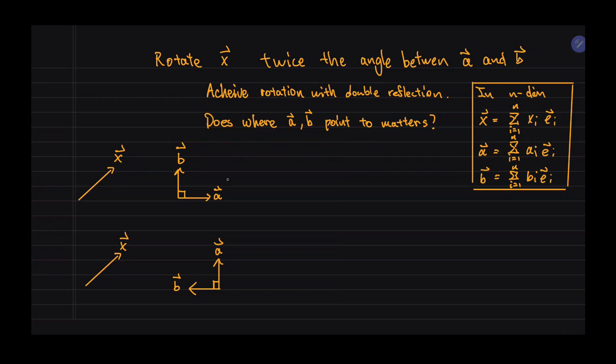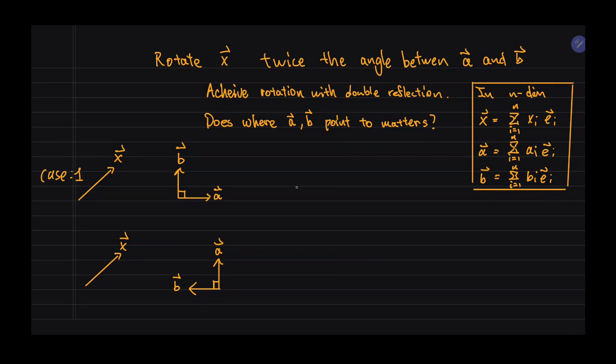So first we have x. We look at this as case 1. We have vector x pointing in this direction. When we have a and b, for simplicity's sake, we just make the angle 90 degrees.